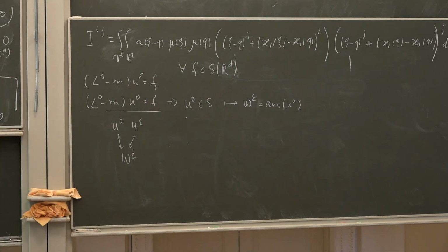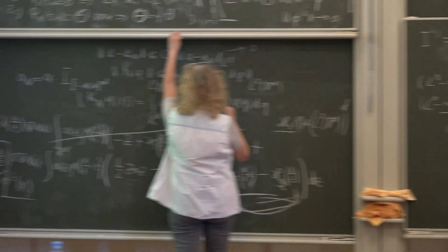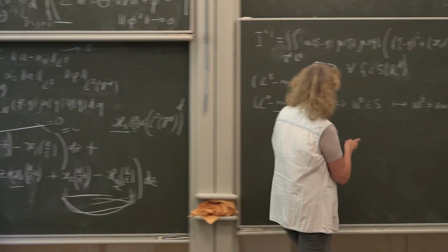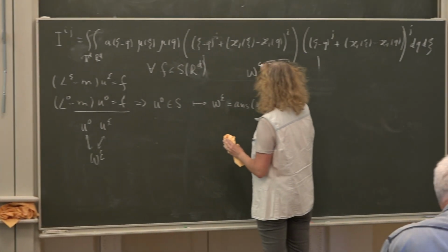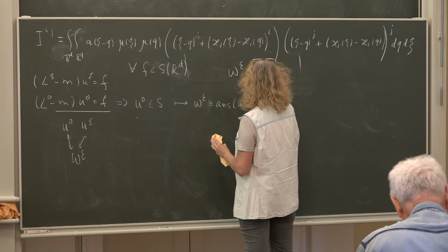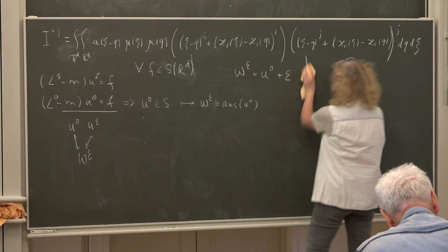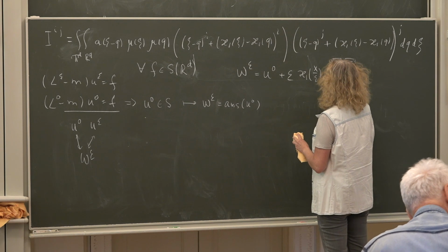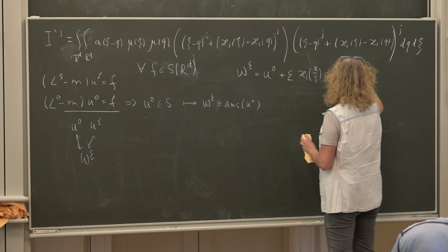Sorry, I should write it again. V epsilon is equal to u0 plus epsilon kappa 1 x over epsilon gradient u plus epsilon square.